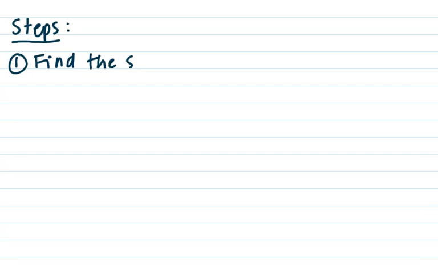Okay, so now we're going to go through the steps of how to determine concavity algebraically. Your first step would be to find the second derivative. That's what we're focusing on here.